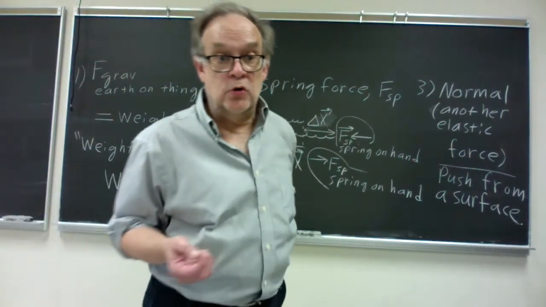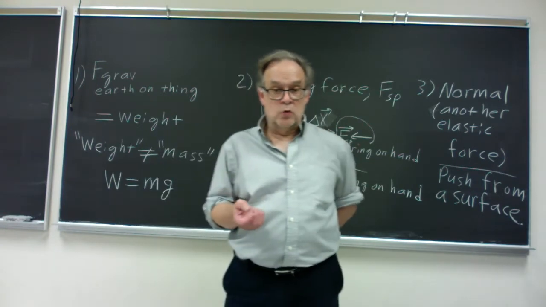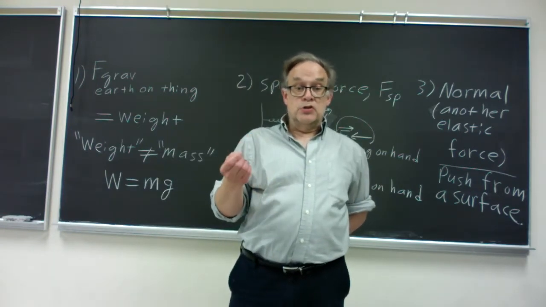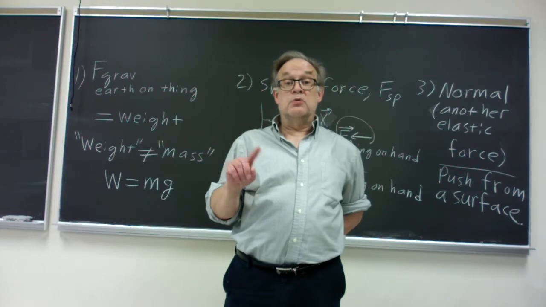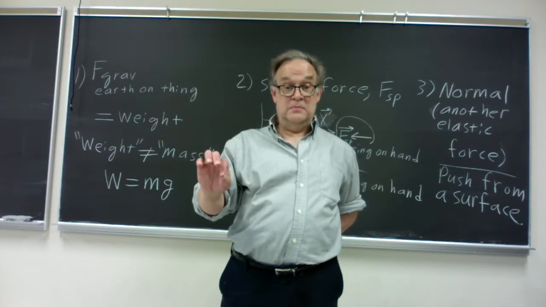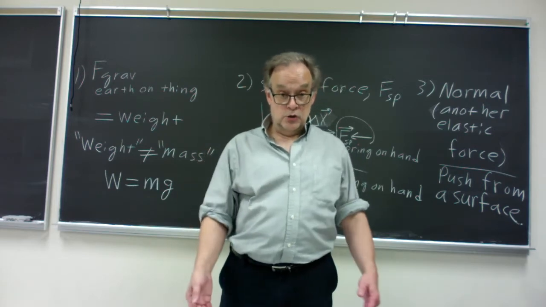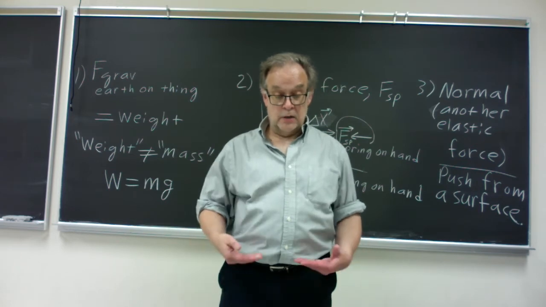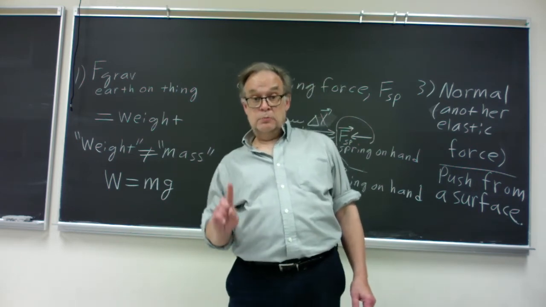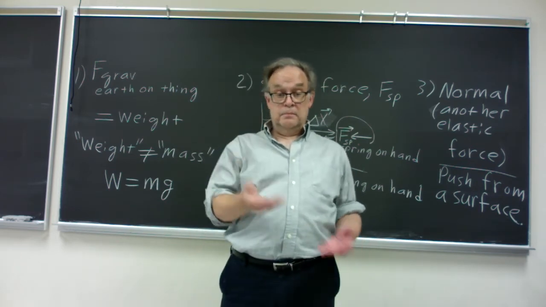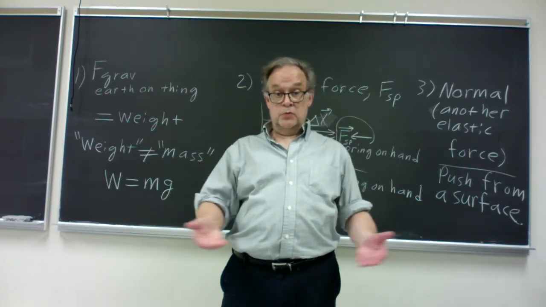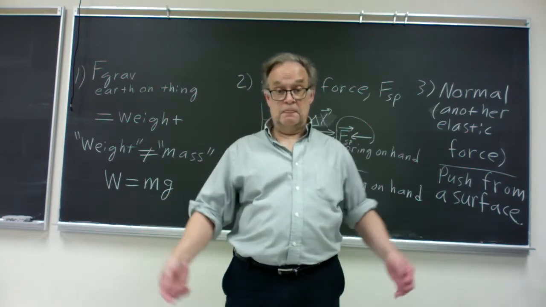And one thing you notice in both examples of normal force, they are pushes from surfaces, and the push is always perpendicular to the surface. The normal force from the floor on me, the push from the floor is vertical, but the floor that was doing that pushing is horizontal.